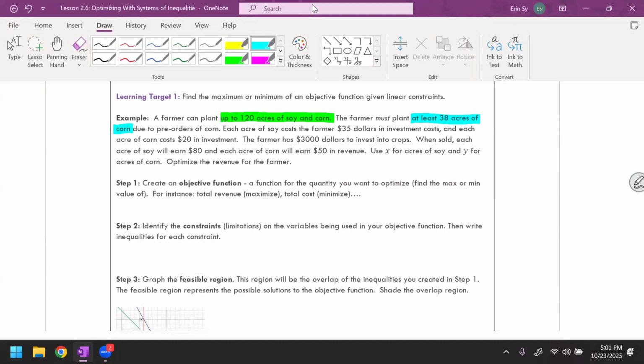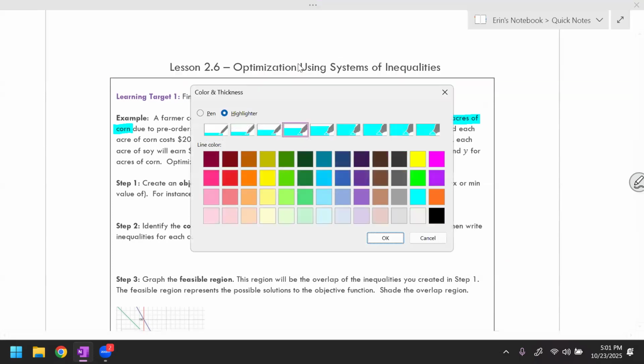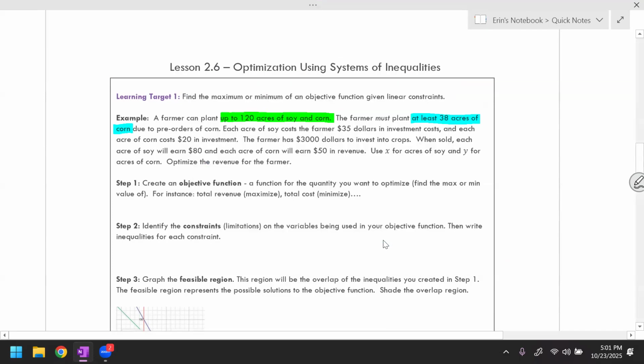Each acre of soy costs the farmer $35 in investment crops, and each acre of corn costs $20 in investment. And we have $3,000 to spend. All right, so let's use maybe a light purple highlighter here. Soy costs 35, corn costs 20, and we have $3,000 to invest into crops.